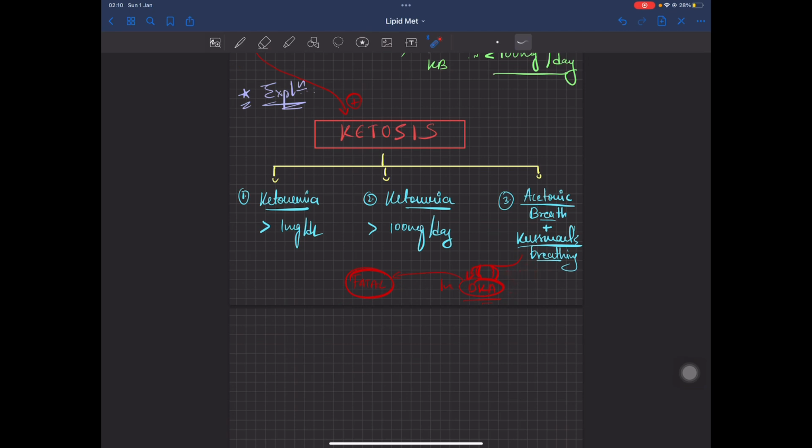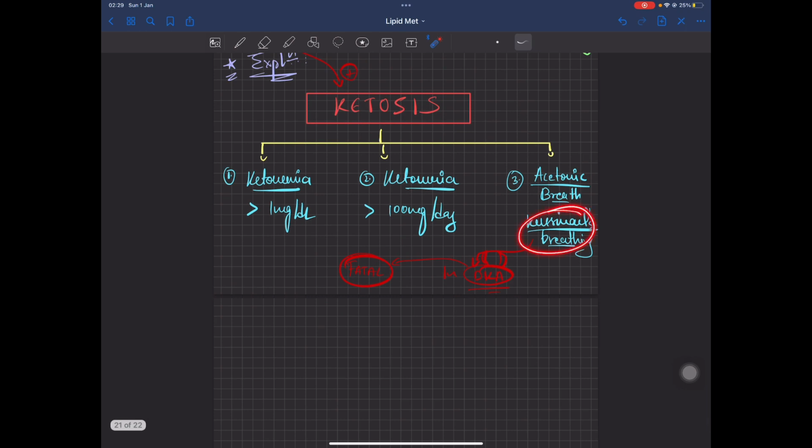This causes an enormous amount of ketone body production, which increases the ketone body concentration many folds, where it cannot be buffered by the bicarbonate buffering system, which is the major buffering system, and hence there is an increase of ketone bodies, causing a condition called diabetic ketoacidosis, which is very much fatal.